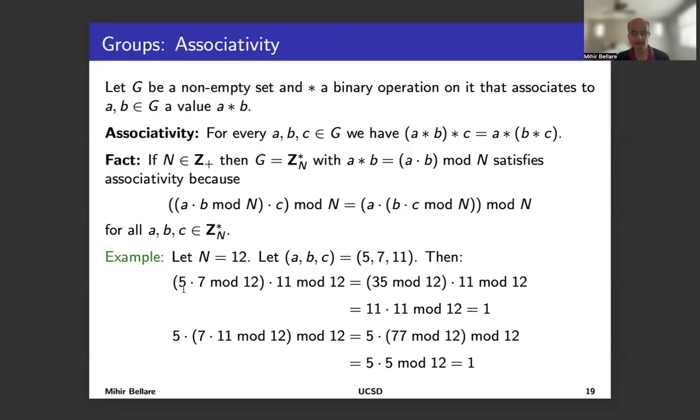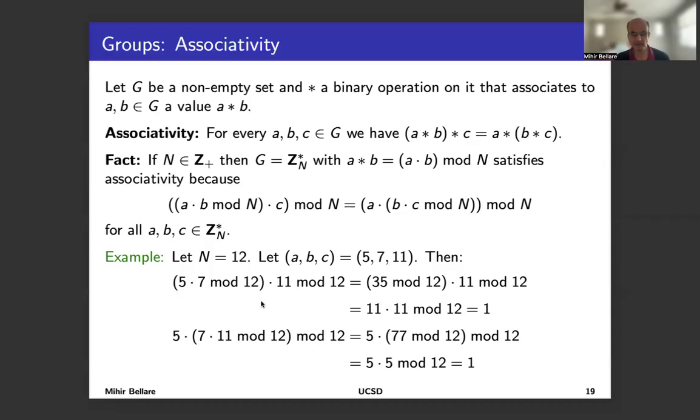If I want to multiply 5, 7, and 11 mod 12, if I first do 5 times 7 mod 12, it's 35 mod 12. 35 mod 12 is 11. Now I pull in the 11, multiply by that, I get 121, but 120 is 10 times 12, so the result is 1.